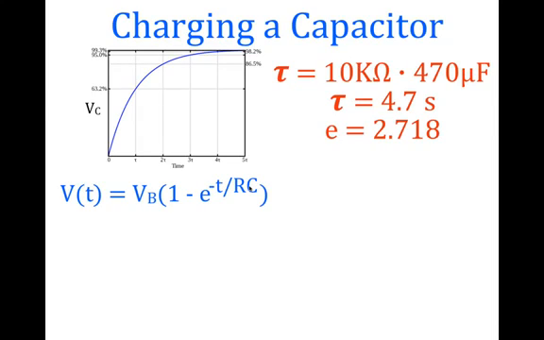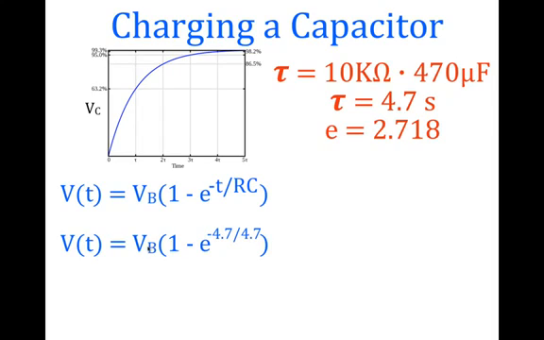Now let's just look at what that looks like for one time constant. Okay, a time constant is 4.7 seconds. We want to calculate the voltage across the capacitor for one time constant. Then we also have to put in 4.7 seconds here because that's the amount of time, and 4.7 is one time constant.